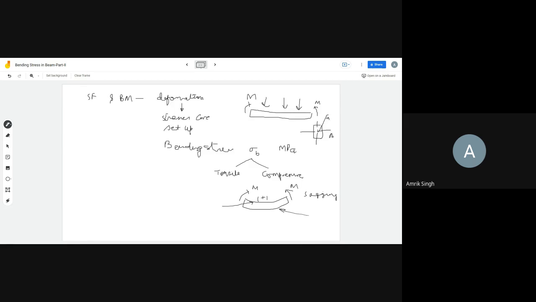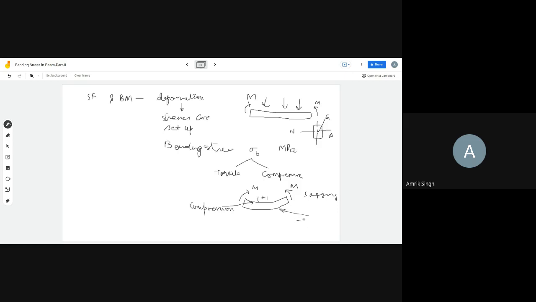So this NA is the neutral axis. At the neutral axis there will be no stress, and these upper layers will be under compression.